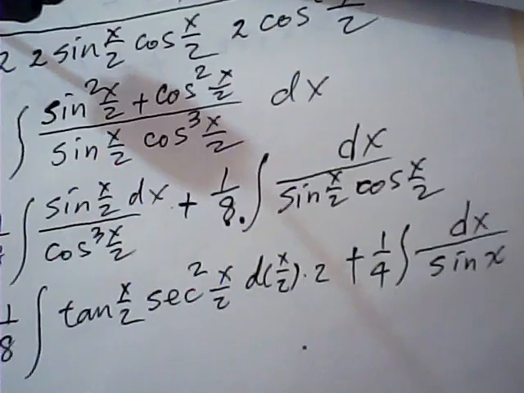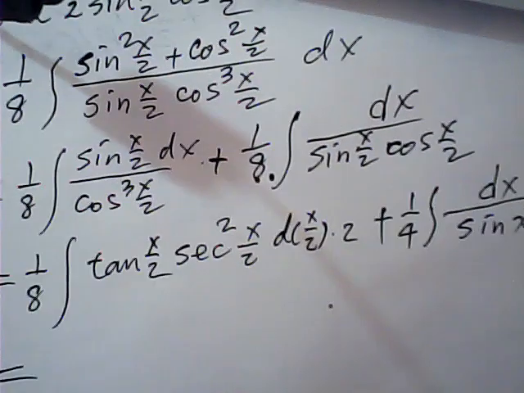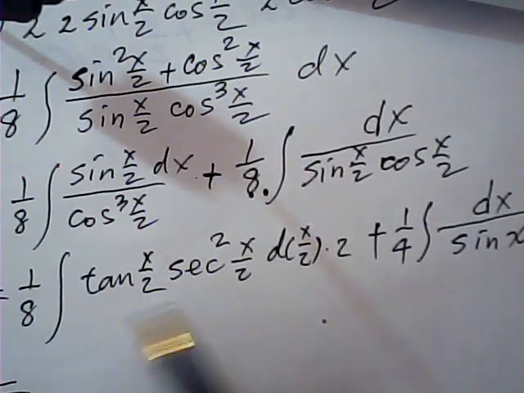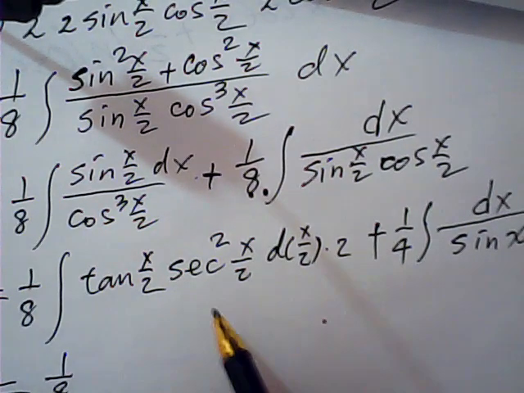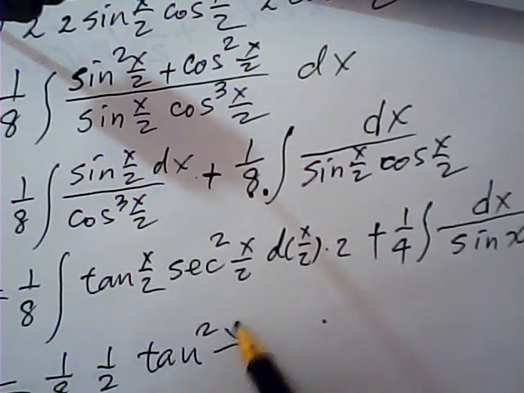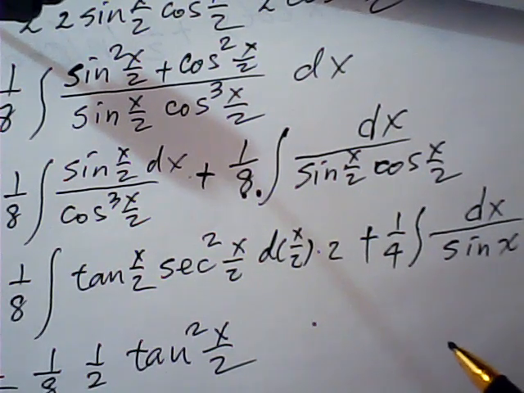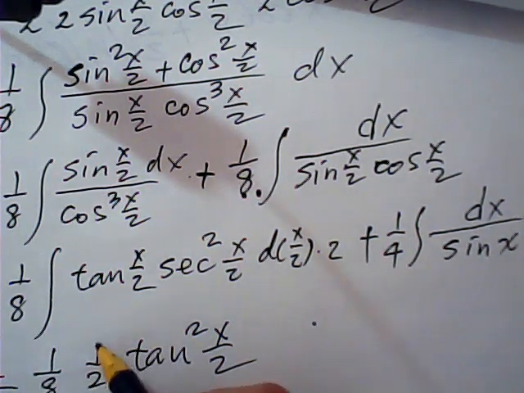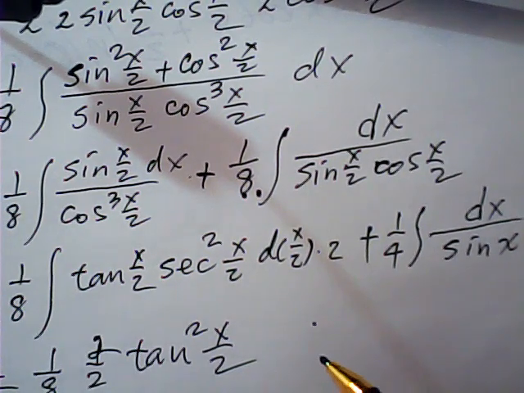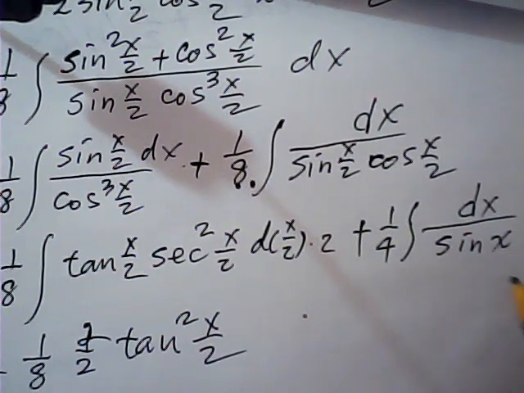It becomes the 1/4. And this one becomes 1/2 tangent square half x, right? Times 2. So it stays 1/8.